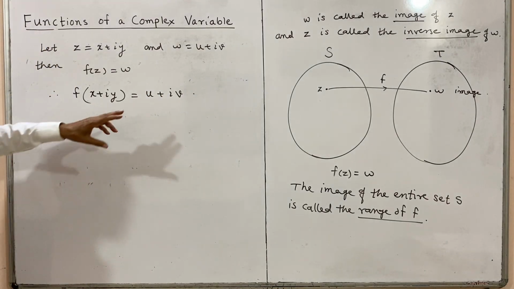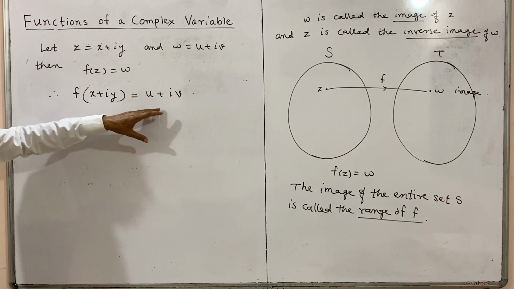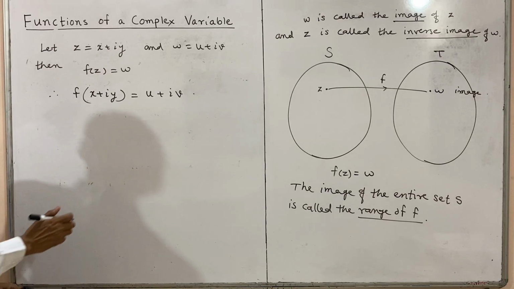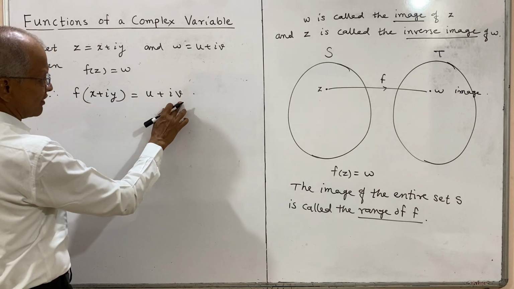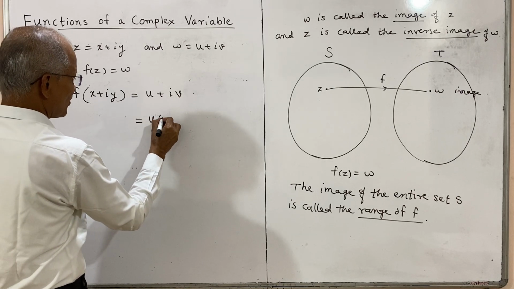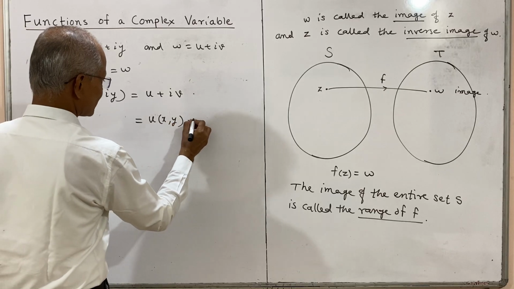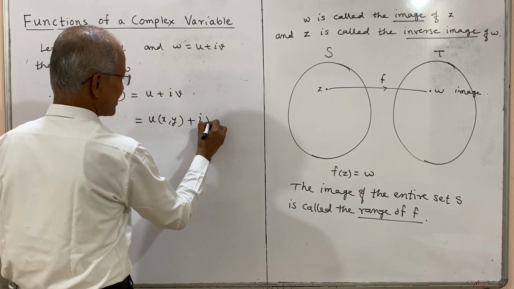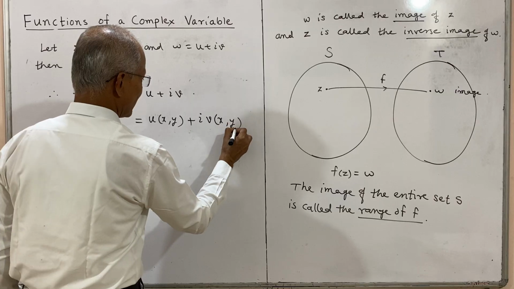Again, this u and v are functions of x and y. So u is the real part, v is the imaginary part, and it can be written as u is a function of x and y, and v is also a function of x and y.